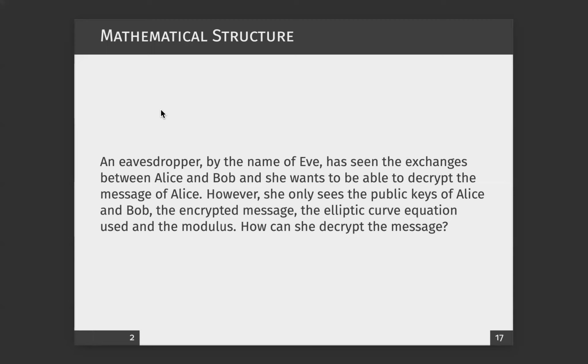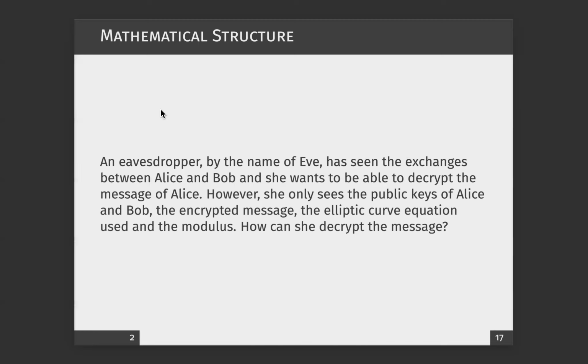We are confident that the messages we exchange with one another can be sent out in public, because only the person who has the private key can decrypt the message. So given that it is based on elliptic curve cryptography, how would an eavesdropper decrypt the message?